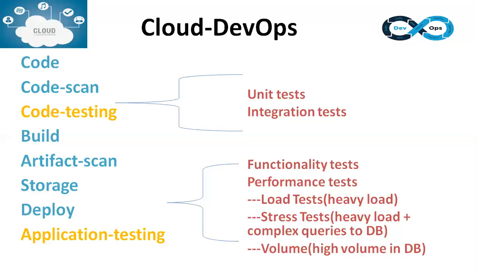Functionality test means checking that the application is behaving properly and all the functionalities are working or not. For example, in Paytm, whether booking of bus tickets is working or not, whether the recharge is happening, whether there are any bugs, or whether any recharges are failing. All these functionalities we can test using functionality tests.